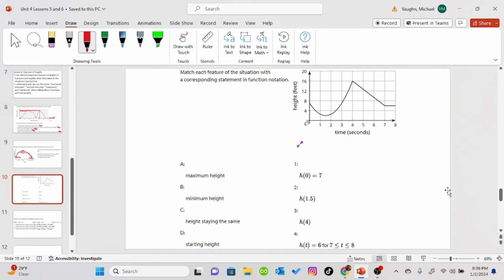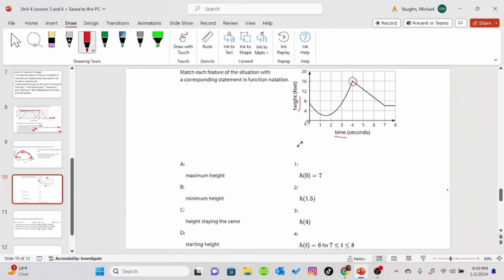Match each feature of the situation with a corresponding statement in function notation. A is looking for the maximum height. So if we look, the x-axis is time and the y-axis is height. So if we want the maximum height, that's going to be right here at 16 feet.